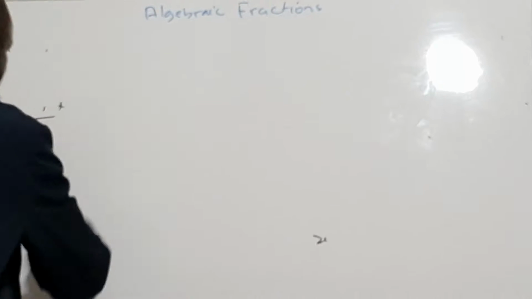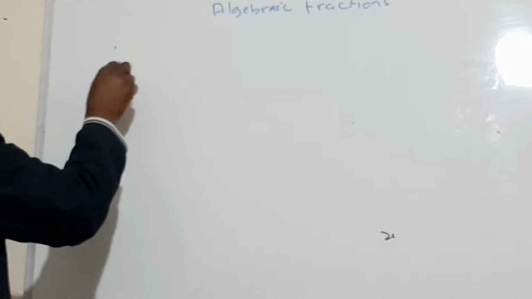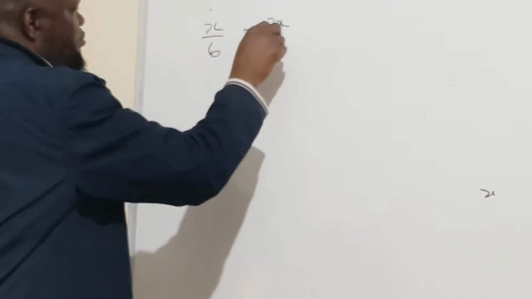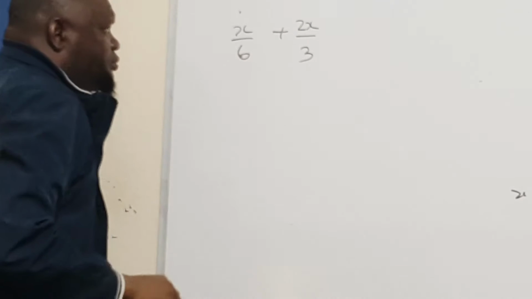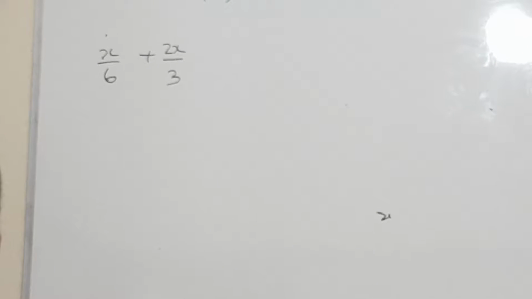Now, let's look at this. x over 6 plus 2x over 3. How do you solve this? They can both go to 6.